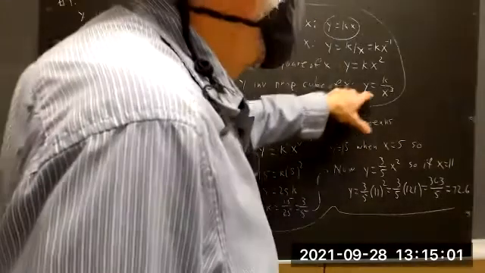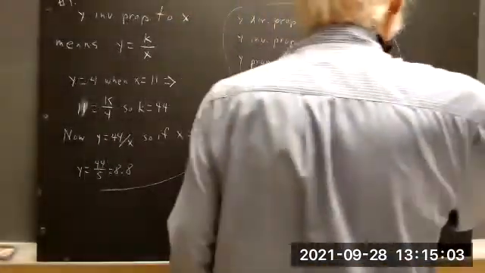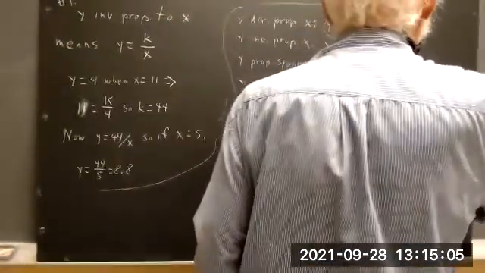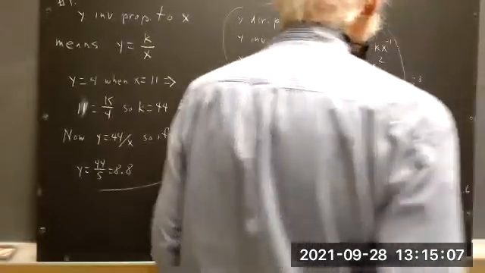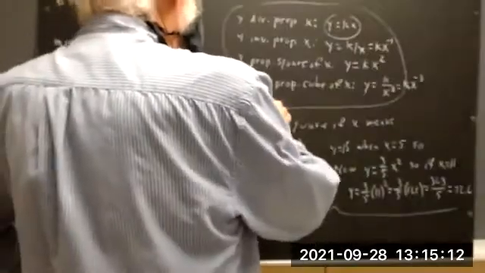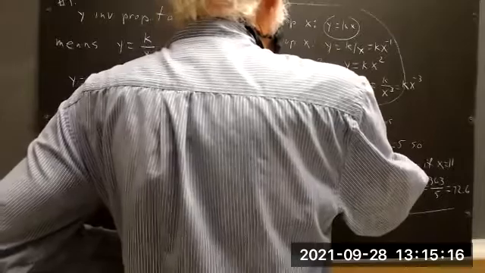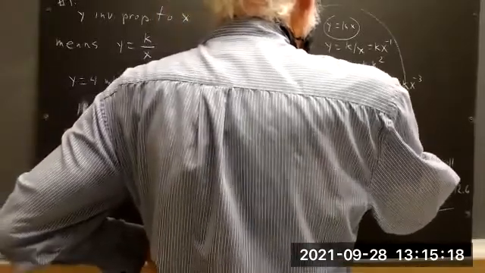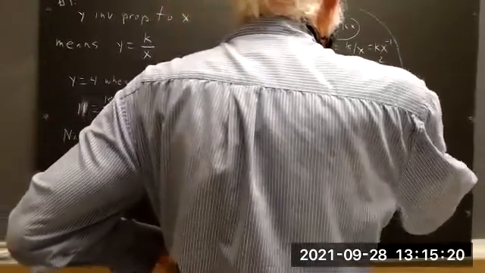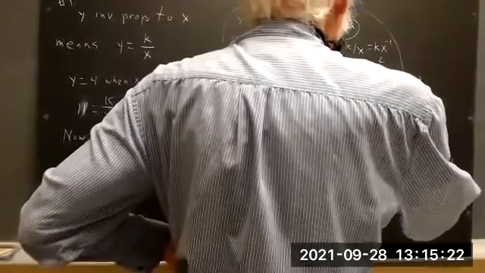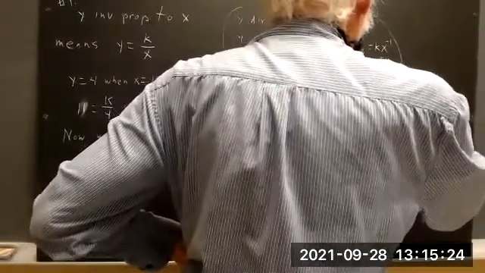Y equals k over x cubed is kx to the -3. And y proportional to the inverse square would be y equals a over x squared, which is ax to the -2.